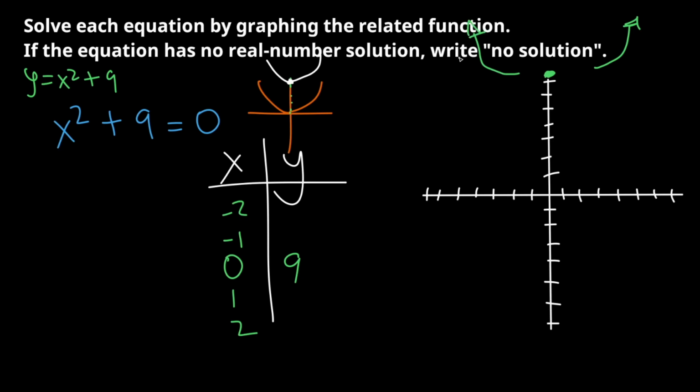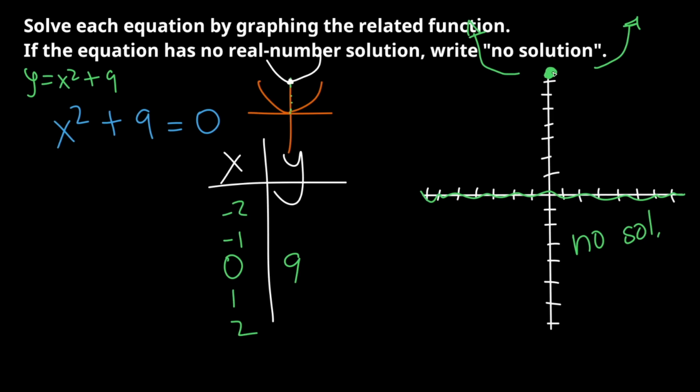Now, I could plot more points and try to do a process of elimination or some other method of deduction, but we already know that the vertex is way up here, and which direction it opens, so it's never going to touch this x-axis. Since it'll never touch it, that means we have no solution, or no real number solution.